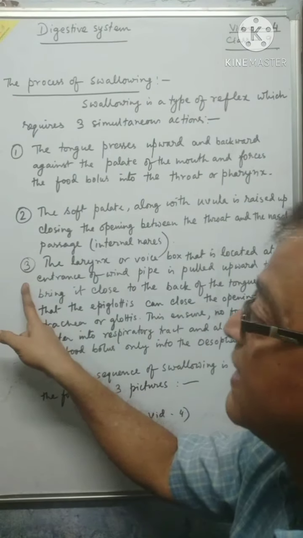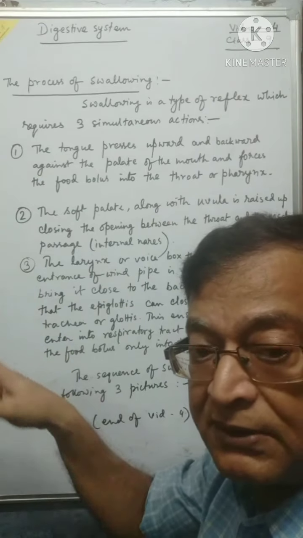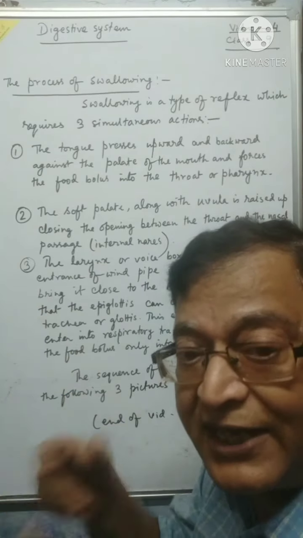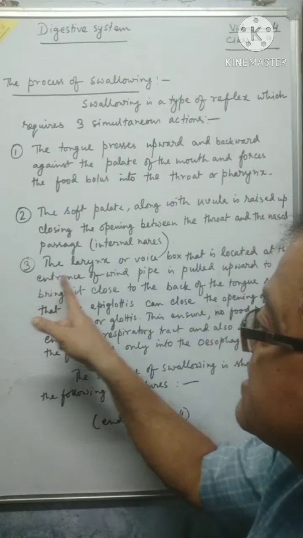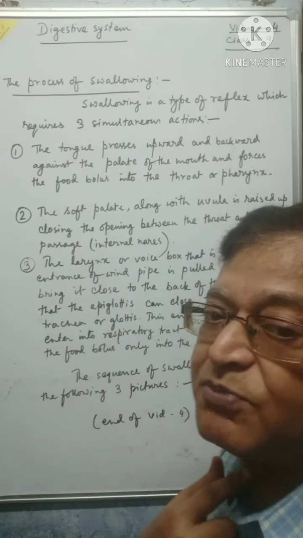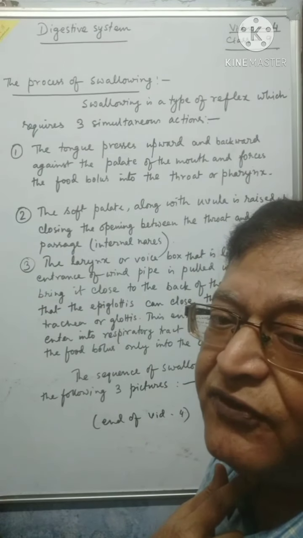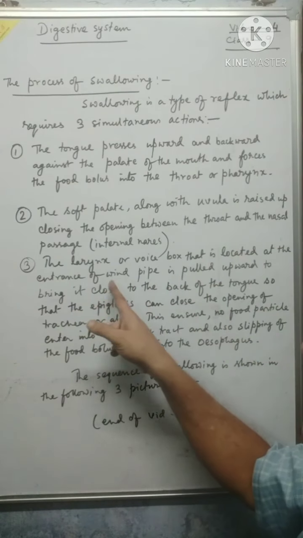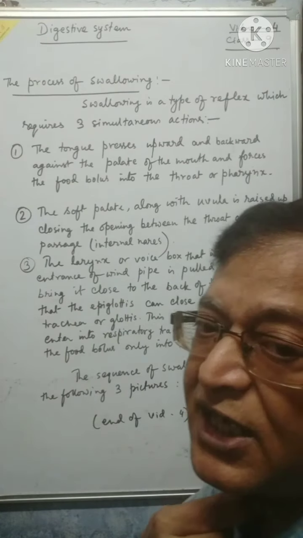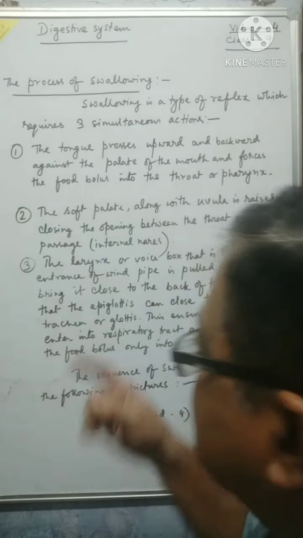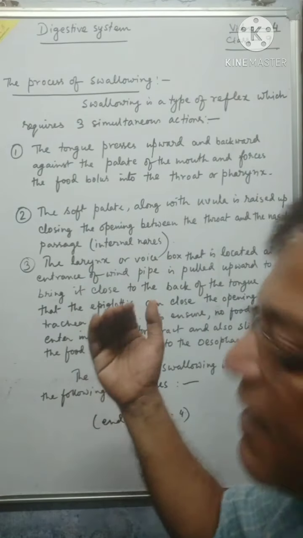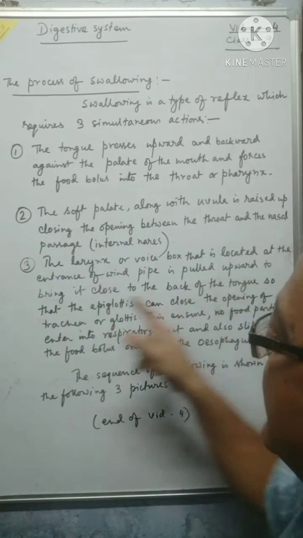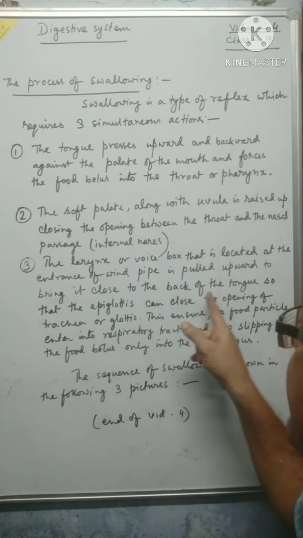These are taking place very instantaneously and together. Third step is the larynx, the voice box, present at the base of your throat, located at the entrance of the windpipe. The voice box is pulled upward by muscular action, bringing it close to the back of the tongue.